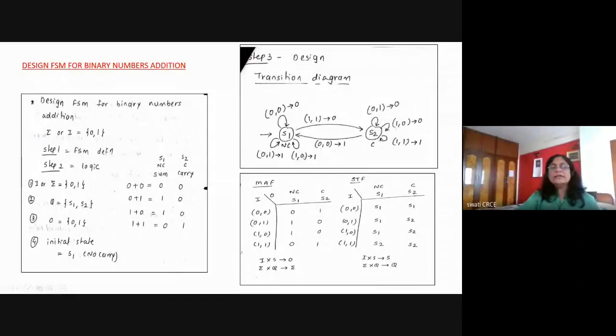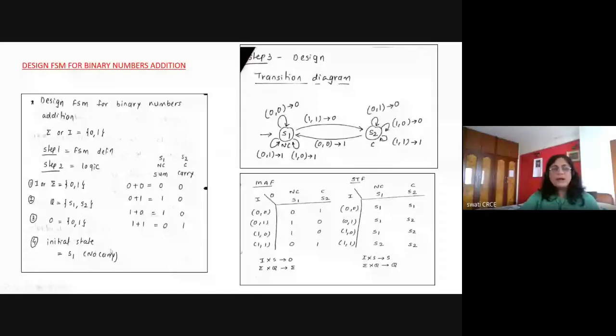So the no carry state indicates there was no carry generated in the previous calculation. When the machine reaches state S2, the carry state, it is assumed that the previous calculation has generated some carry. So it is a no carry state and a carry state. That is my logic. Now we'll see how it is designed.